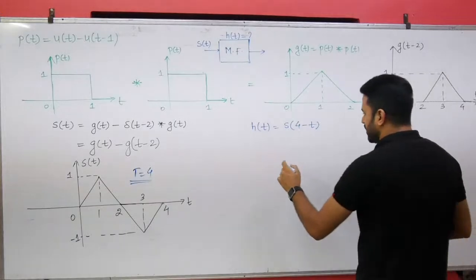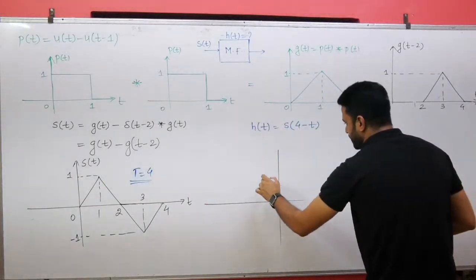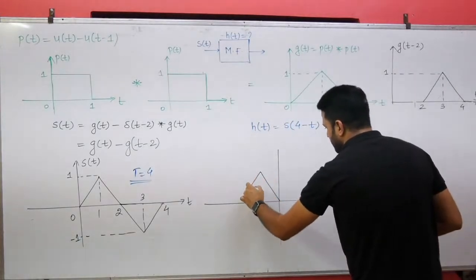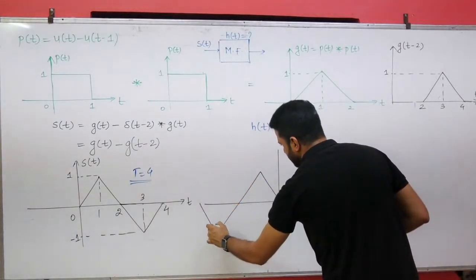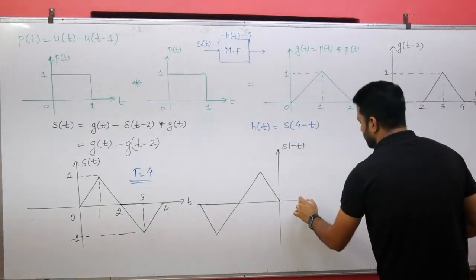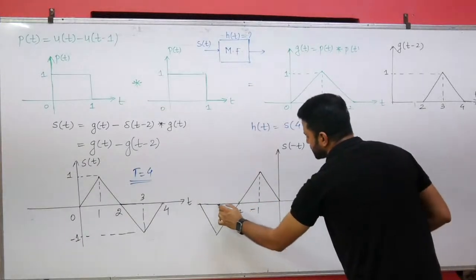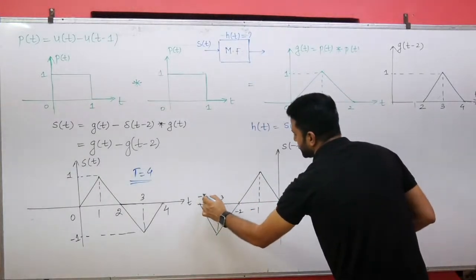So let's draw s(minus t) first. When you draw it, you get s(minus t), with marks at minus 1, minus 2, minus 3, minus 4.